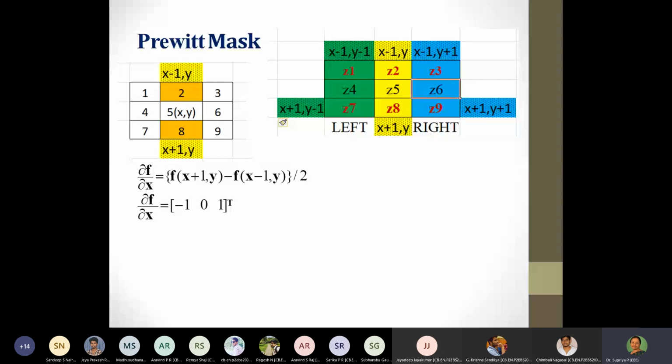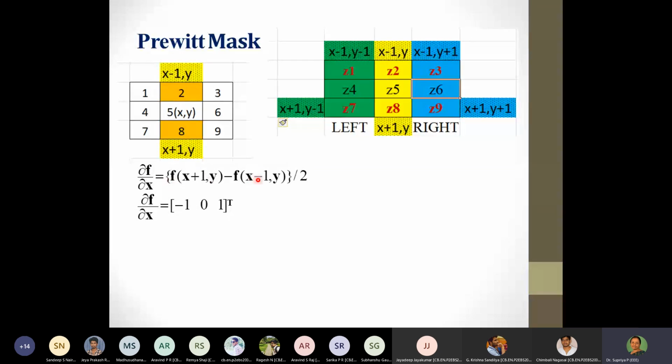Please note you are going to consider the central element as the reference, and you are going to consider center, left and right points of the difference, which means another difference similar to this expression would be dou f by dou x equals f of x plus 1 y minus 1 minus f of x minus 1 y minus 1 divided by 2.